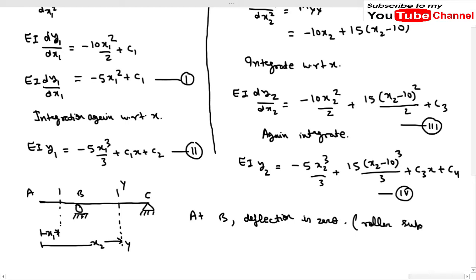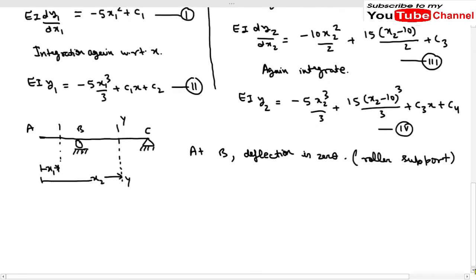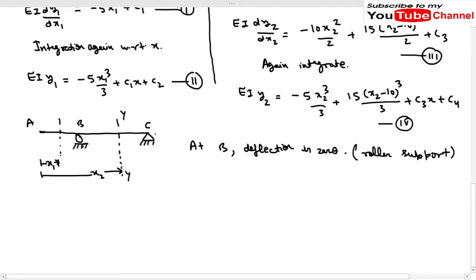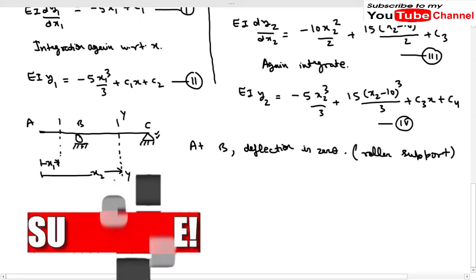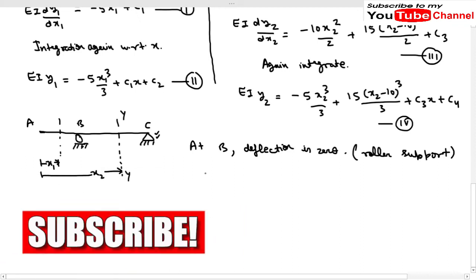A roller support doesn't allow any type of deflection, neither does a pin support, which we have at C. Now how are we going to use this boundary condition, deflection at B is 0?